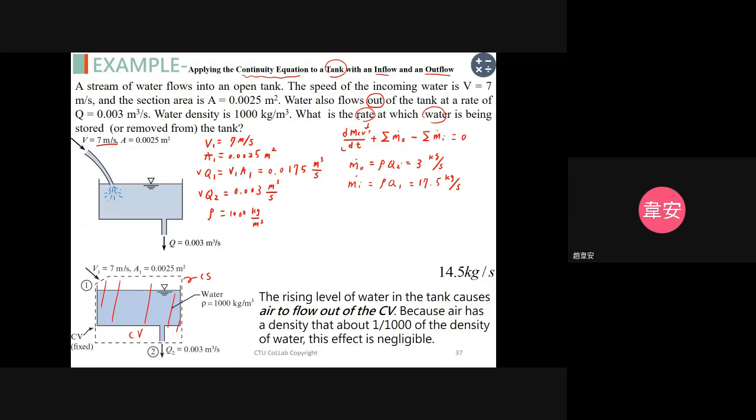So to make the balance, we put the two numbers back into the continuity equation. So we have dm_CV/dt plus 3 kilograms per second minus 17.5 kilograms per second is equal to 0. So finally we know that dm_CV/dt is equal to 14.5 kilograms per second.